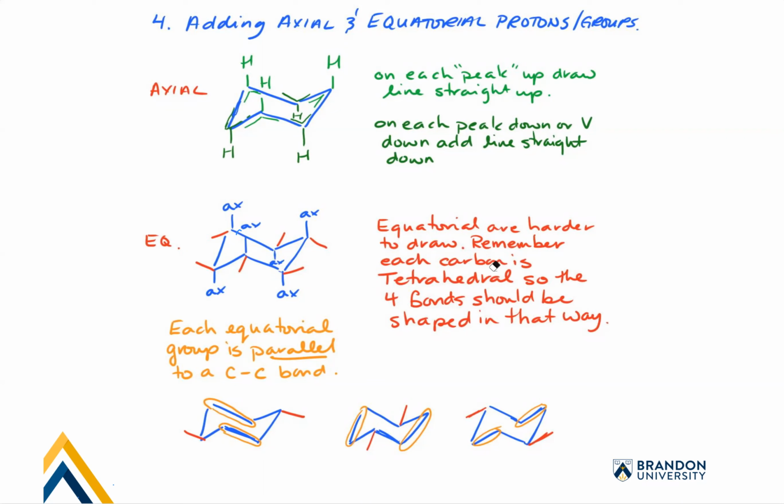The 4 or 3 of you who are stuck in those rooms can draw some chairs and then share them with your friends, and then everyone will be able to see that everyone is capable of drawing a chair. After that, we're going to talk about what happens when we put substituents or alkyl groups or hydroxyl groups on these cyclohexanes.